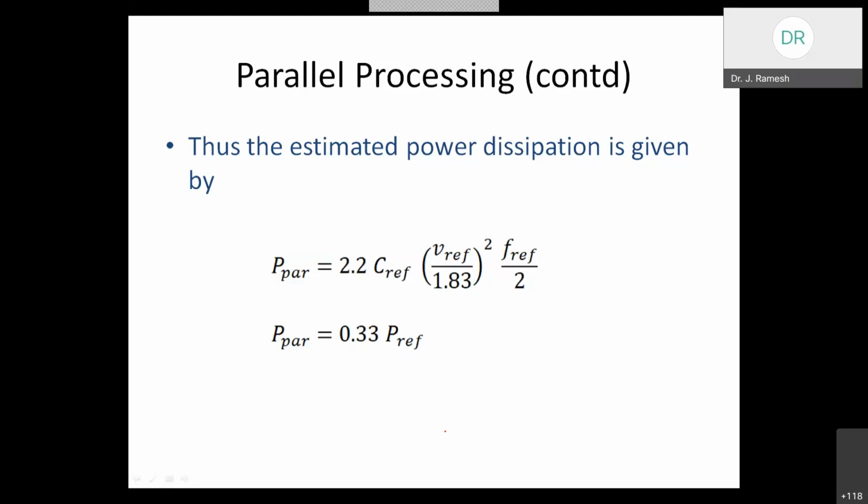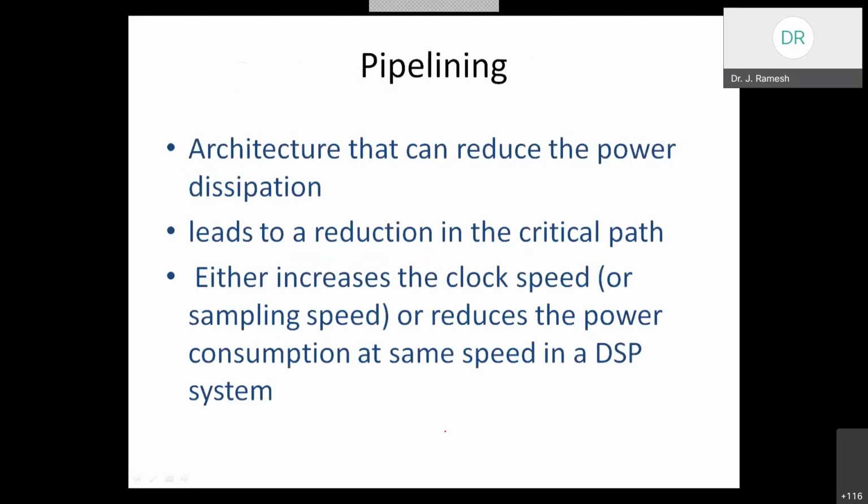The power is only 0.33 times that of the reference architecture, that is the uniprocessor architecture. That is what this expression concludes. So the power will be reduced when compared to the reference architecture, and the same uniprocessor architecture can be pipelined now.